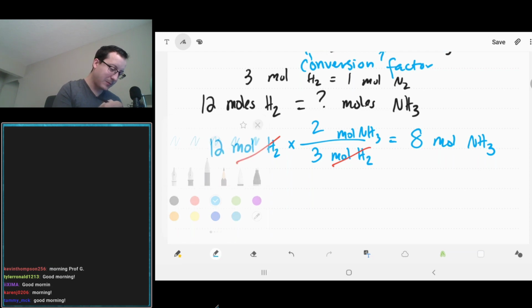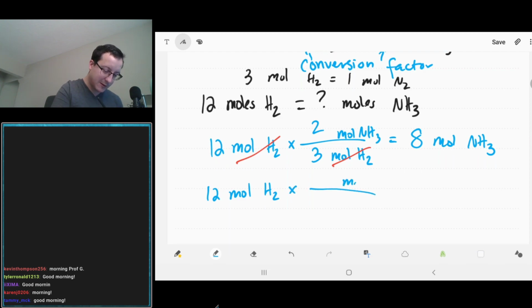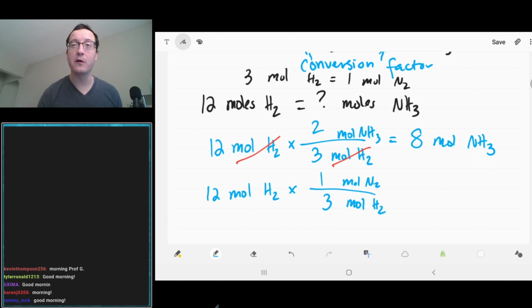We could do the same thing. You'd say, okay, we have 12 moles of hydrogen. How many moles of nitrogen do I need to react with it? In this case, remember the coefficient for nitrogen was 1. And so we are going to need 4 moles of nitrogen.